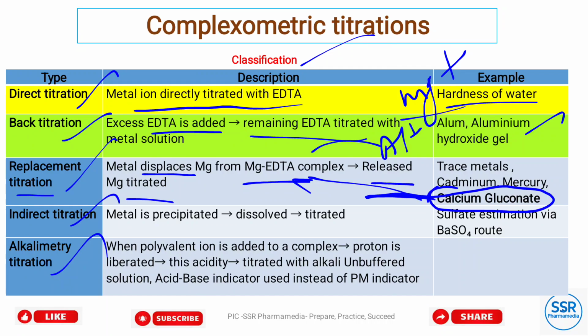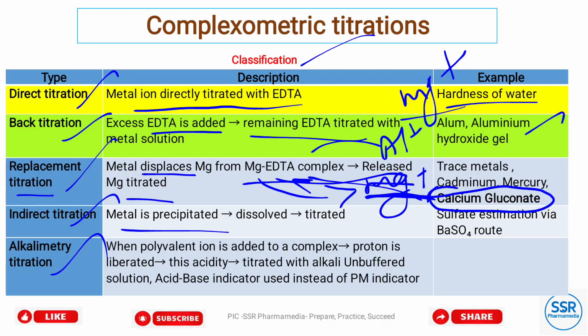So we add one more metal ion, magnesium. The magnesium metal ion reacts with the indicator, and when titrated, EDTA first reacts with the magnesium and then it is released for the titration.